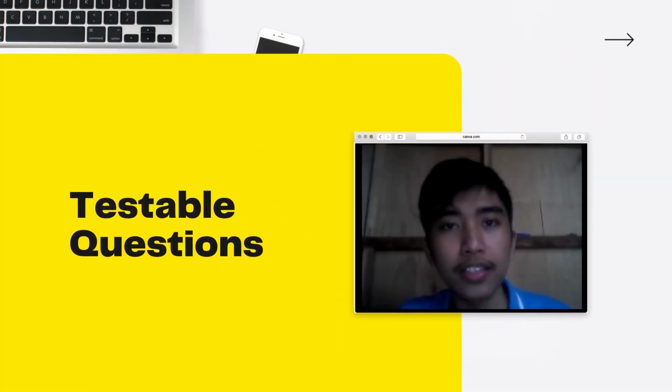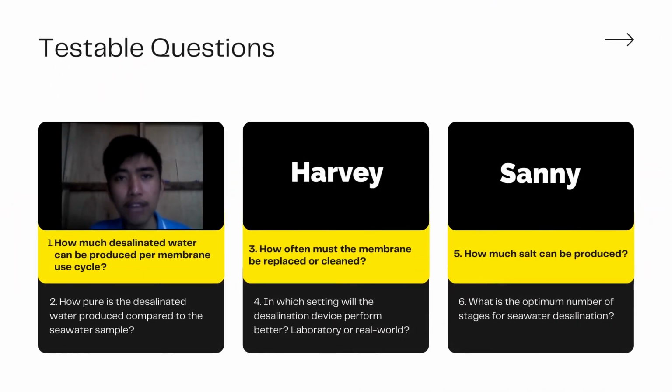Here are the testable questions for our research study. First, how much desalinated water can be produced per membrane use cycle? This answers objective number 2. During use, salt will accumulate in the membrane, lowering the rate of desalinated water production over time.